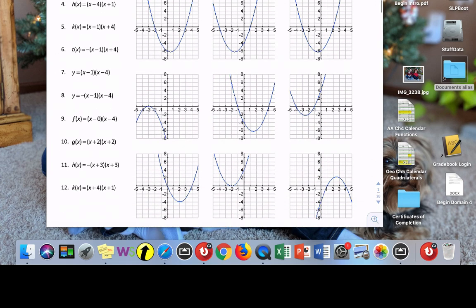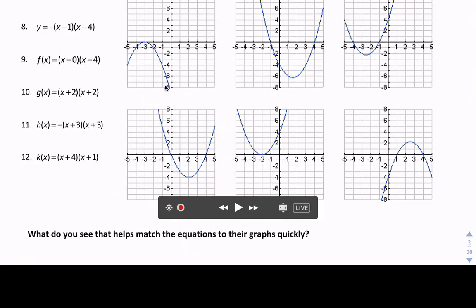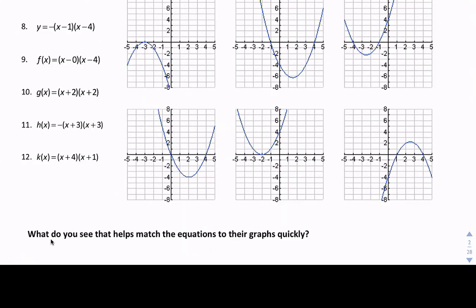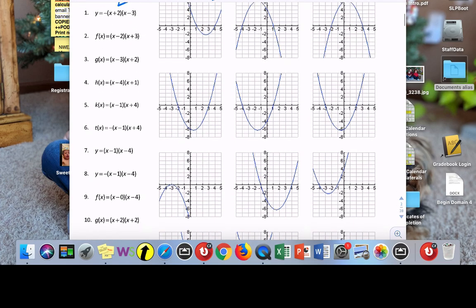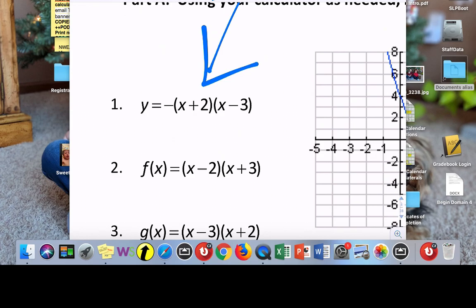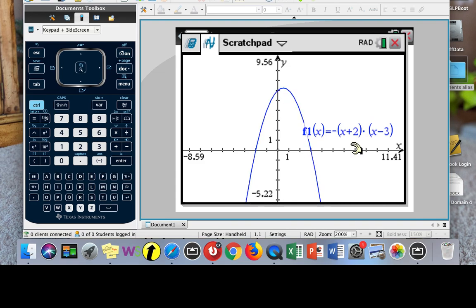I think there's 12 graphs for you to do, and once you do that, you should notice a pattern and be able to answer the following question. What do you see that helps match the equations to the graphs quickly? And one thing that you'll notice by doing several examples is if we have this first equation, negative x plus 2, x minus 3, let's take a look at our graph, got an upside down shape, and we have these x-intercepts right here.